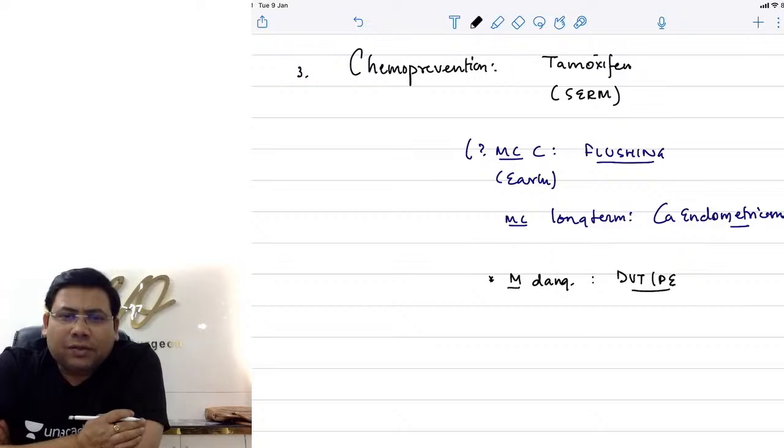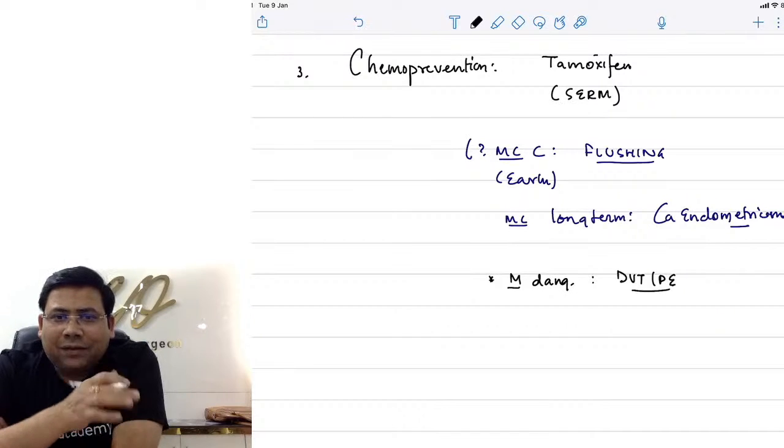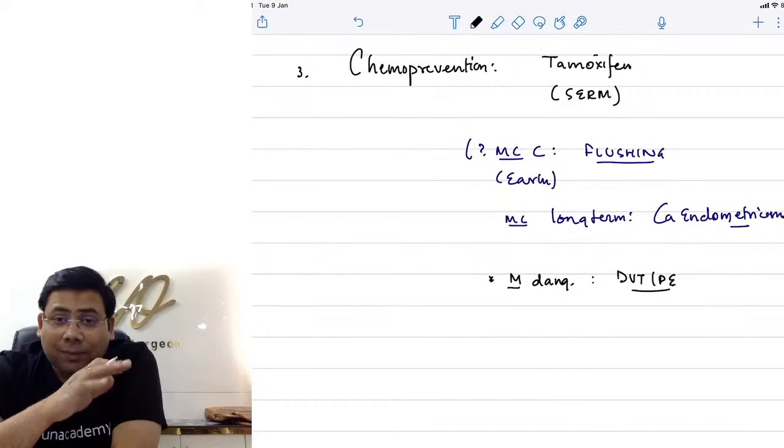She was 72 years old at that time. Then we started tamoxifen for her. I told her not to be immobilized for a long time, but she didn't take heed of that. And do you know what happened? One fine day she developed DVT, and I lost her because of pulmonary embolism. So this is again a real-life scenario. This happens.